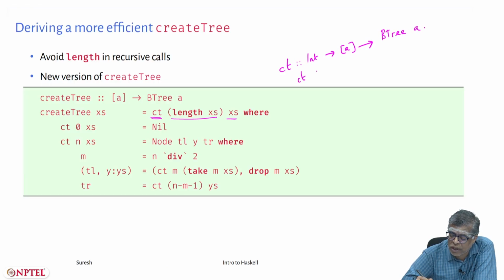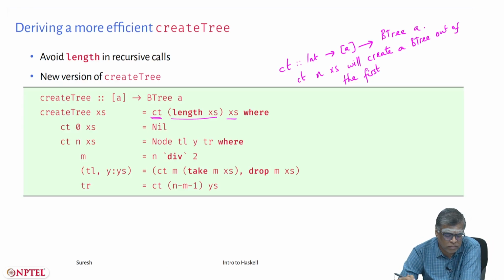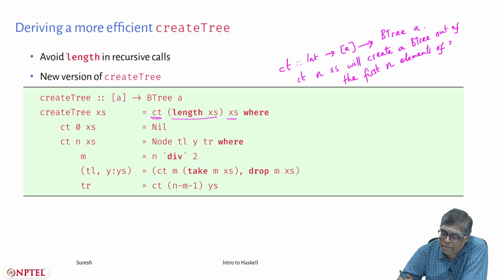What does it do? CT of n xs will create a B tree out of the first n elements of xs.